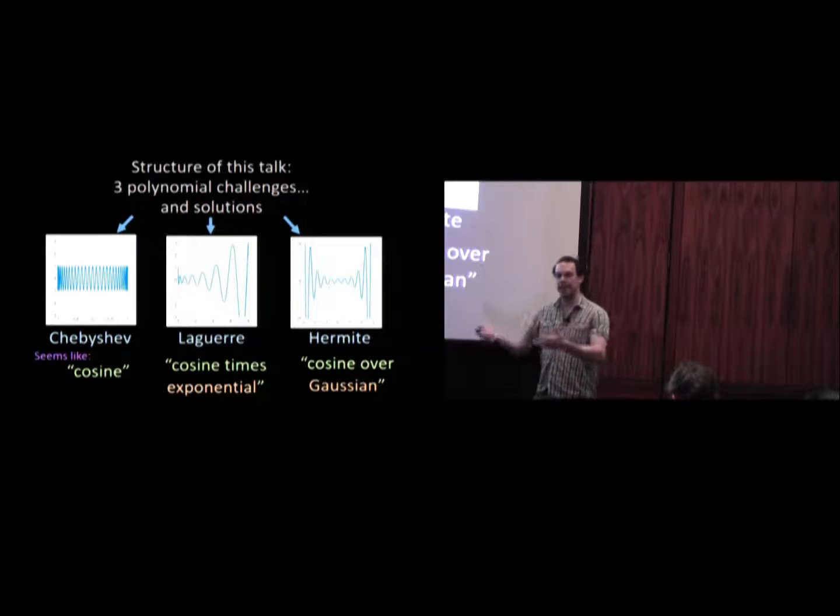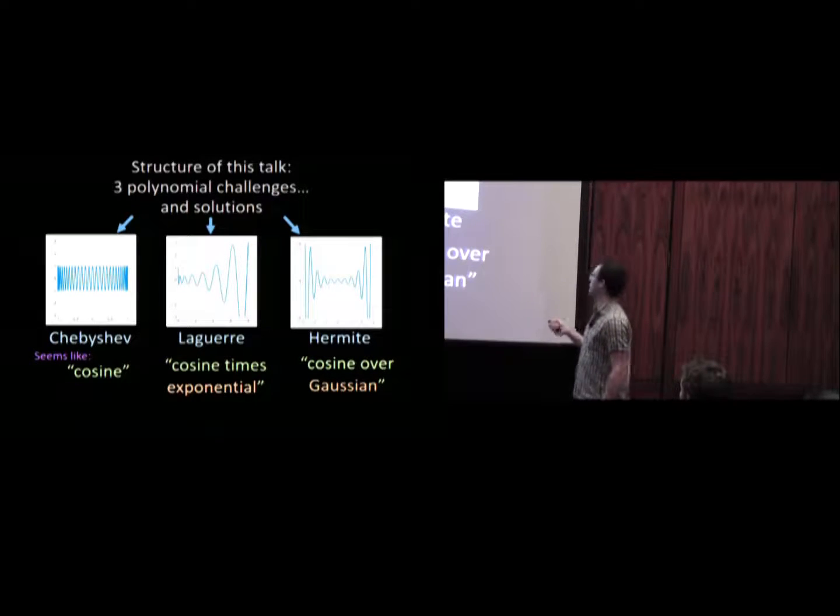So the exponential is built into the definition of Laguerre, and Hermite has a normalization of the Gaussian function, e to the minus x squared. So Hermite polynomials are orthogonal to each other: if you take the integral of any Hermite polynomial times another Hermite polynomial times the Gaussian, you get 1 if and only if you have the same Hermite polynomial, 0 otherwise. They're orthogonal.